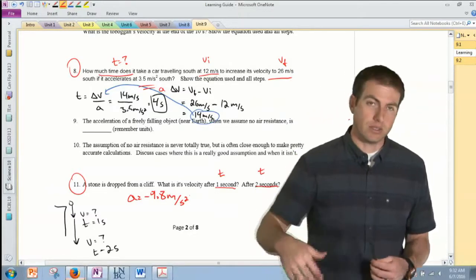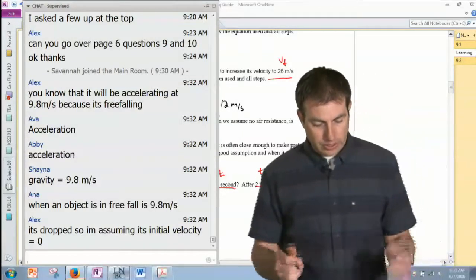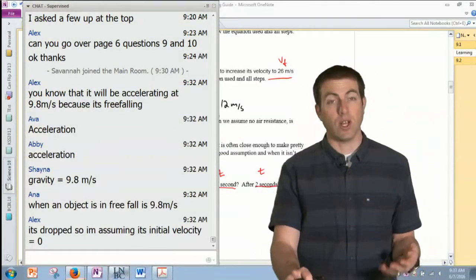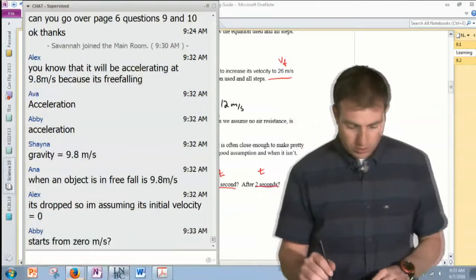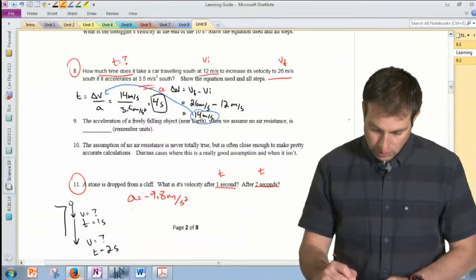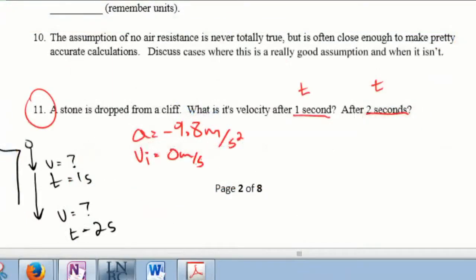We're interested in how fast it's going after 1 second. And Alex, you're right. It's dropped, so the initial velocity is 0. Anytime an object's dropped, initial velocity is 0. Perfect, you guys are all on the right page here. So your initial velocity is 0 meters per second. That gives us enough now to figure out the velocity.